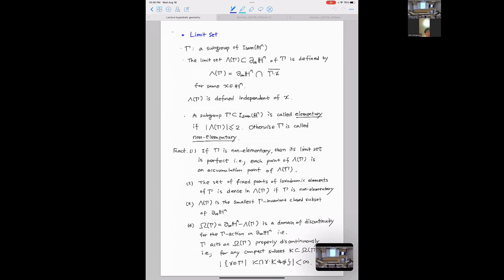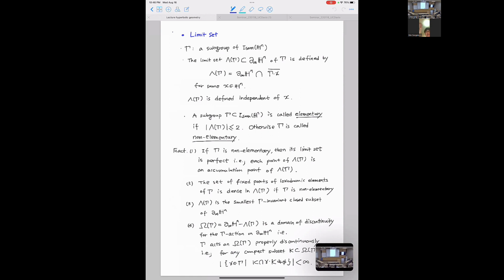So, given a subgroup of the isometry group of hyperbolic space, we now think of Gamma-invariant sets in the boundary of H^n.